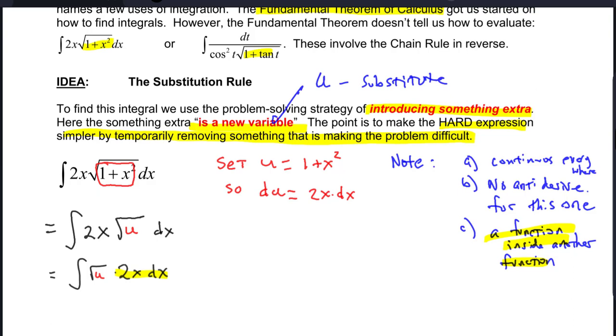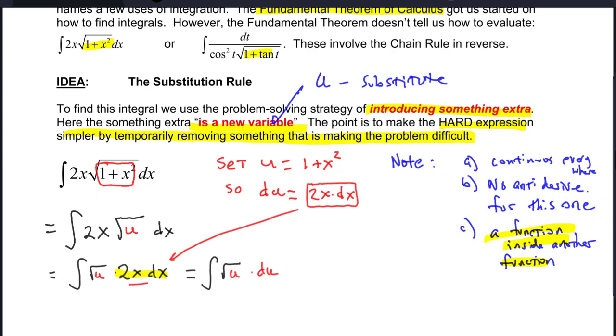Now, it turns out, hey, look at this. 2x dx happens to equal du. So I can do another substitution. This yellow part down here, I can take this out and do a second substitution for the 2x dx. It's going to be the integral of square root of u times du.